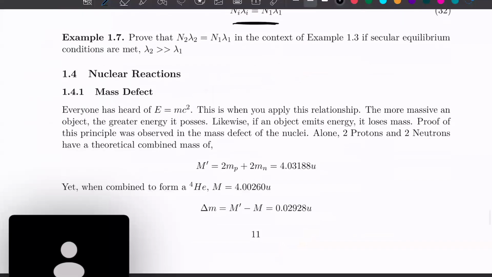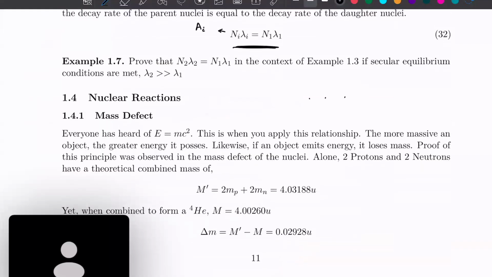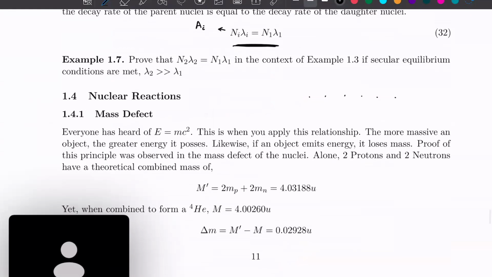The concept here is that when you have 2 protons and 2 neutrons that are infinitely far apart, so they are separated and nowhere near each other, and you measure the mass of this using a weighing balance, you would get this mass. But if I put all of this together and form a helium nucleus, then my mass is actually lower.